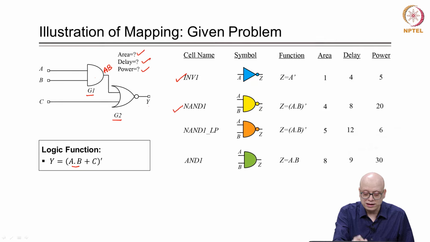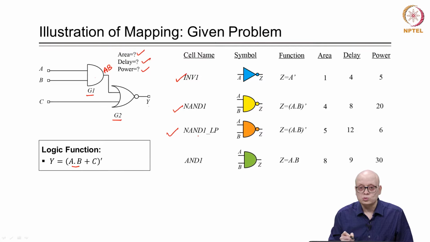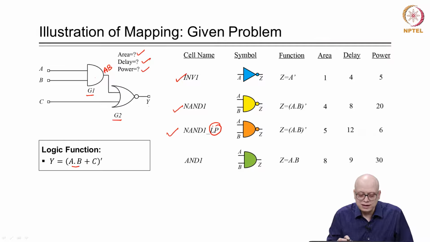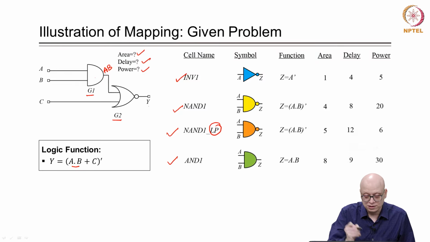We have a NAND gate which is written as NAND 1, and then another NAND gate which is NAND 1 underscore LP, just to signify that it is implemented in say high threshold voltage transistors, and therefore it will consume low power, and that is why we have underscore LP here, right. And then let us assume that there is another gate which is AND 1, right.